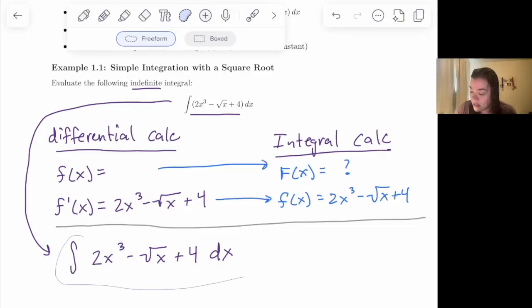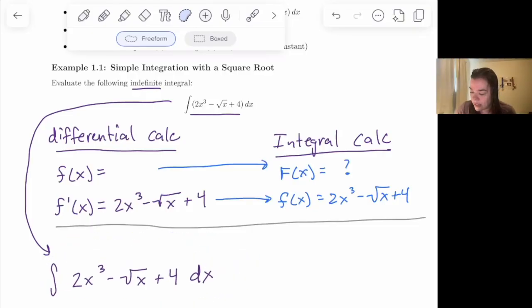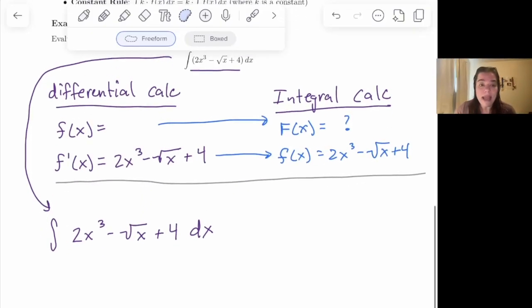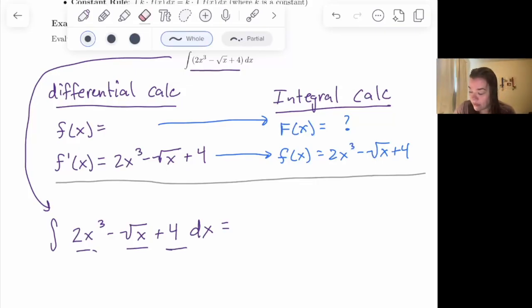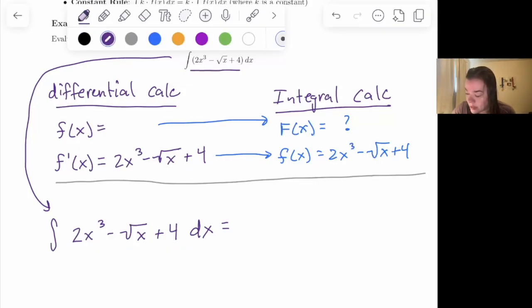Now, the sum and difference rule, I'm just going to move down to get us more room. The sum and difference rule tells us that we can split across plus and minus signs. So what this means is I can actually split this into 3 different integrals if we split across the plus and minus sign. Notationally, this would look like the following.